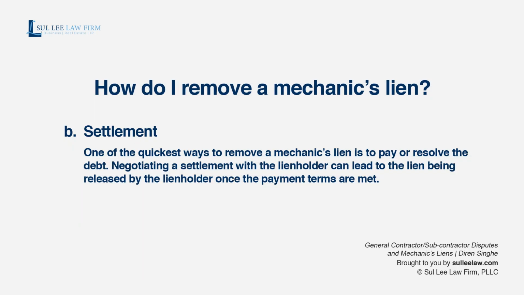Most lien claims do not result in what we call the nuclear option, which would be forcing the sale of the property. That almost never happens in any major market. What usually happens is someone agrees to pay all or some of that debt in order for the lien to be removed. So even if there's a question over the quality of the work, or a question of a counterclaim, or other issues, those tend to get resolved because of the pressure point of the lien. Nothing can really happen with the property.